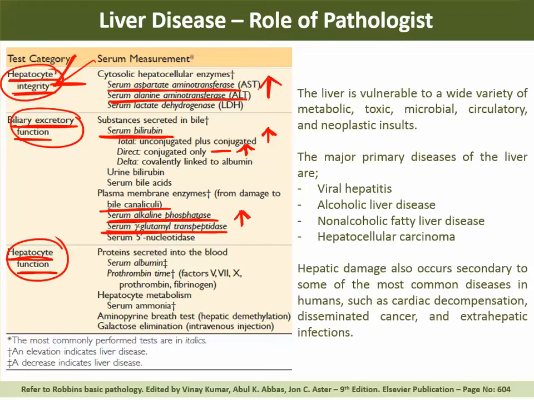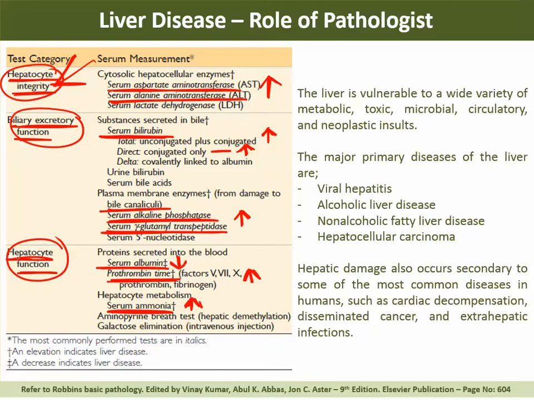And to know the hepatocyte function, we look at serum albumin. If the hepatocyte function is affected, serum albumin will be reduced, the prothrombin time will be increased, and serum ammonia level will be increased.